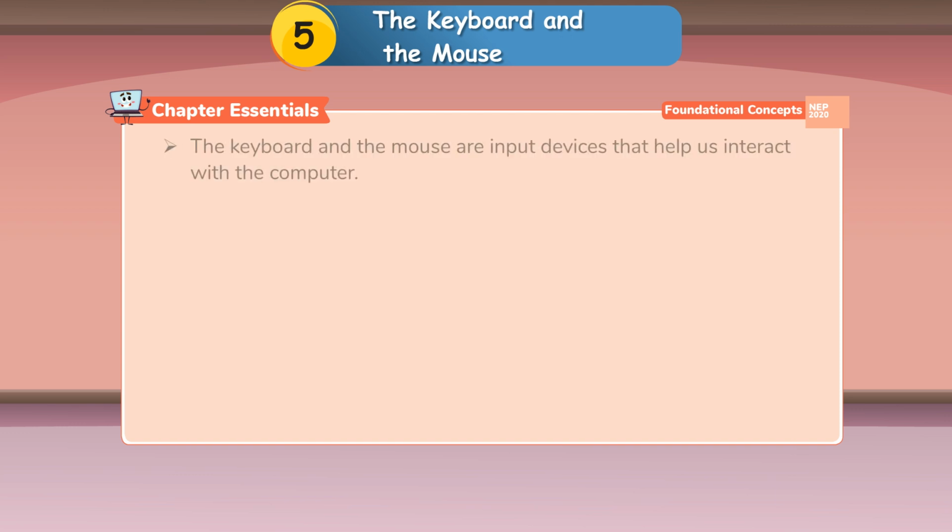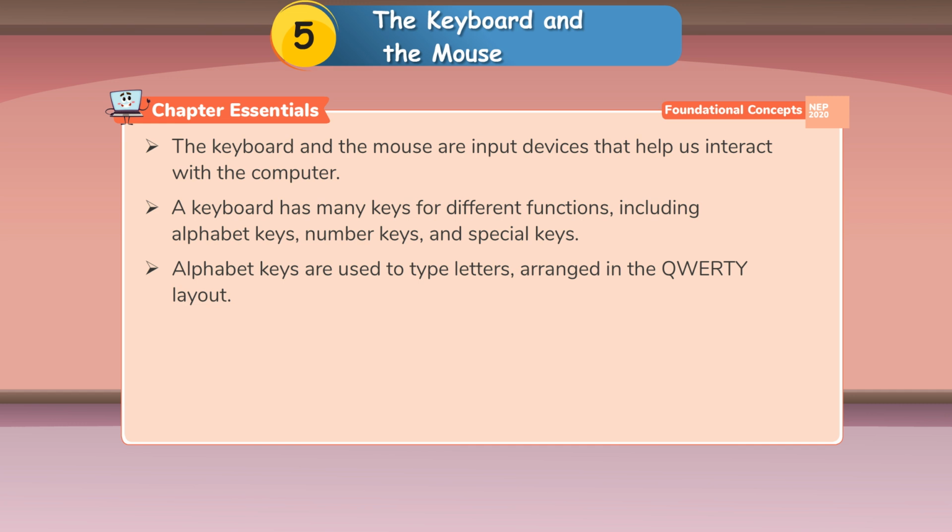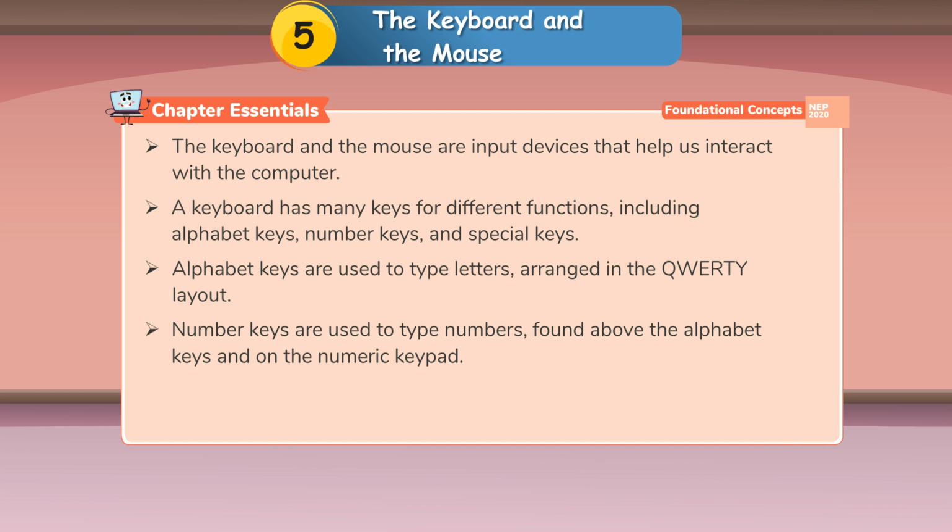Chapter Essentials. The keyboard and the mouse are input devices that help us interact with the computer. A keyboard has many keys for different functions, including alphabet keys, number keys, and special keys. Alphabet keys are used to type letters arranged in the QWERTY layout.